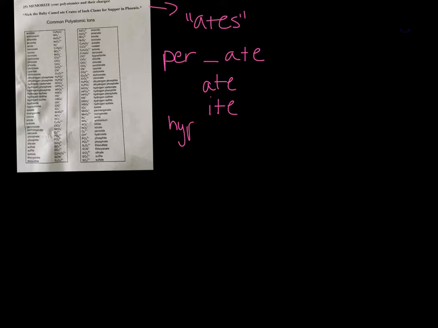This tells you your ates. Now, before I continue on and tell you the rest of this, the next thing you need to know, you need to kind of memorize, get yourself used to it, okay, is that it always goes per ate, ate, ite, hypo, ite. Oops.